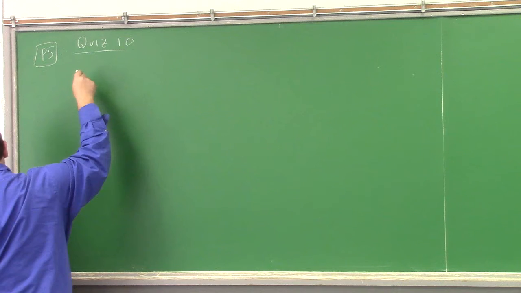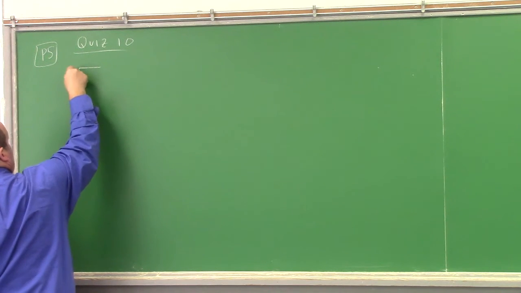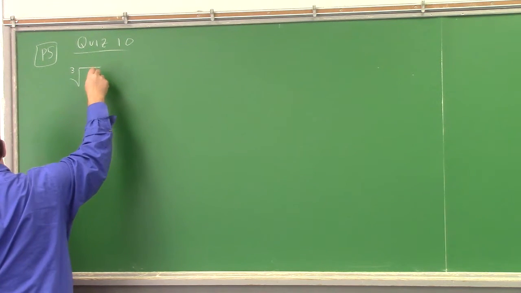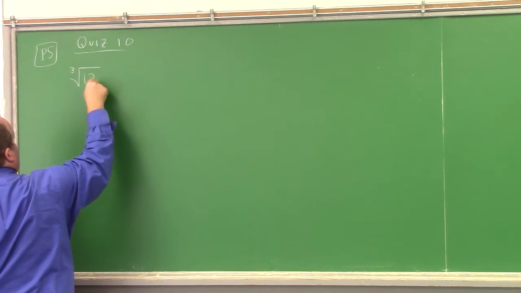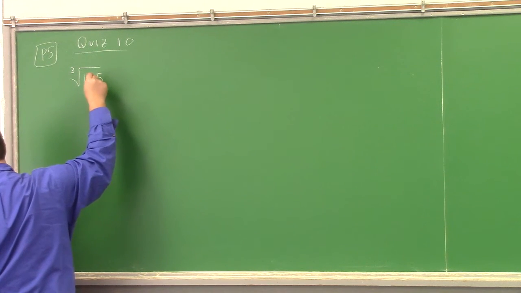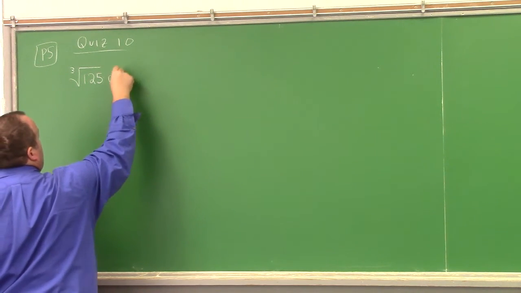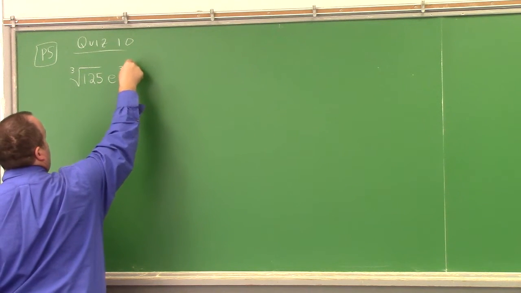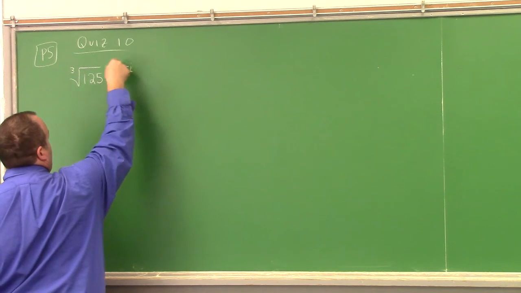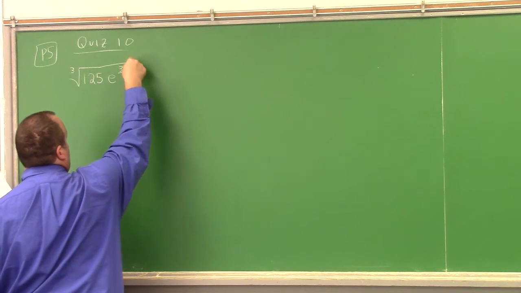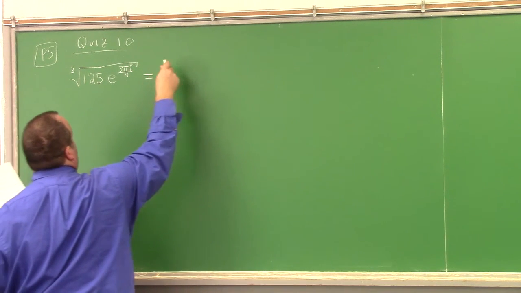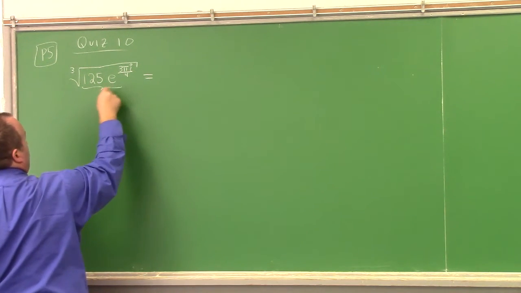So I asked you to find the principal third root of 125 e to the 3 pi i over 4, and I called this thing z, right?